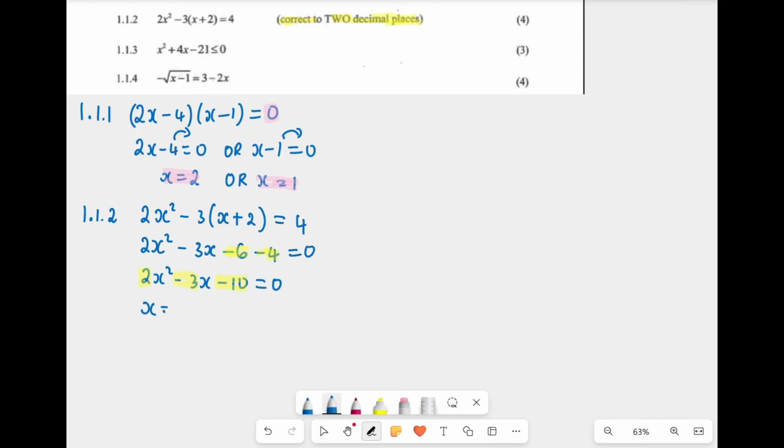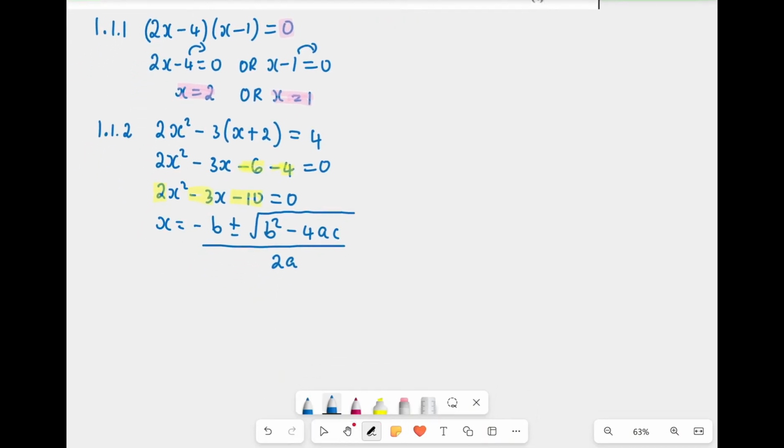So we have x = (−b ± √(b² − 4ac)) / 2a. And then the next step is substitution.